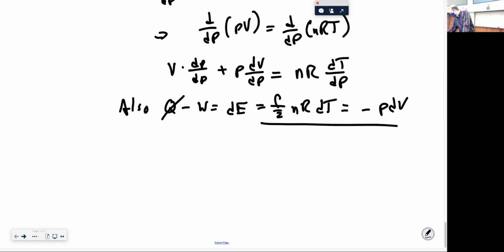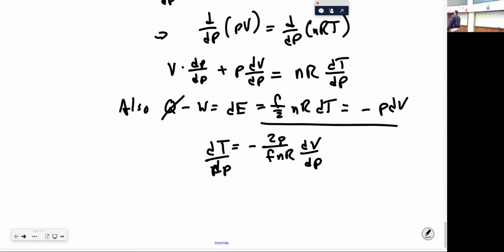So we can take this and solve for dT. We know that dT equals negative 2P over f nR times dV. We can divide both sides by dP. It always amazes me, I'll be honest.